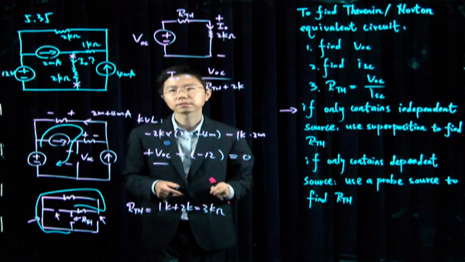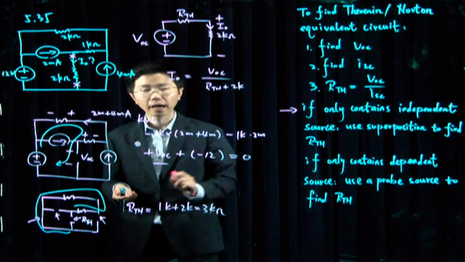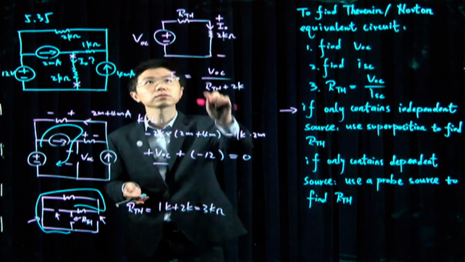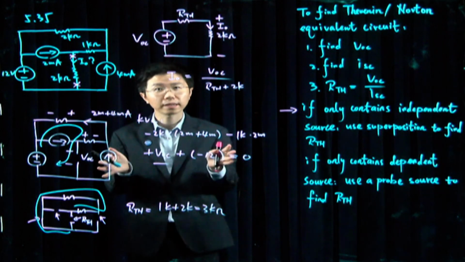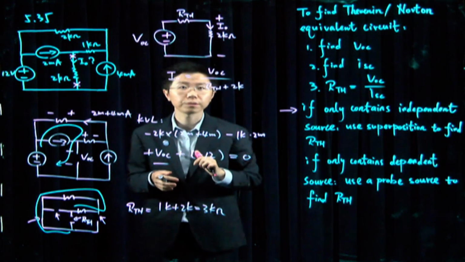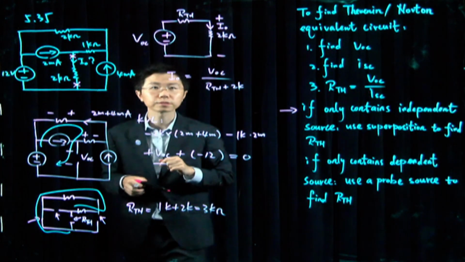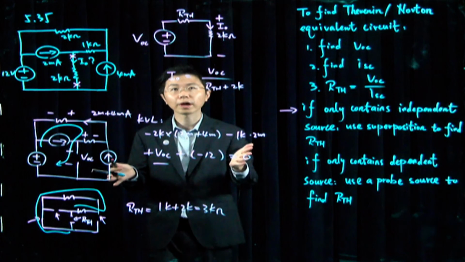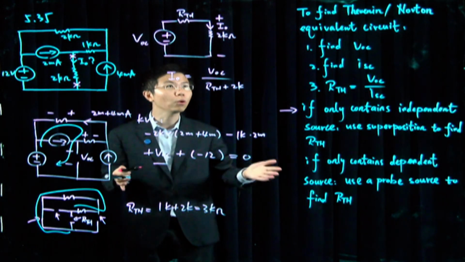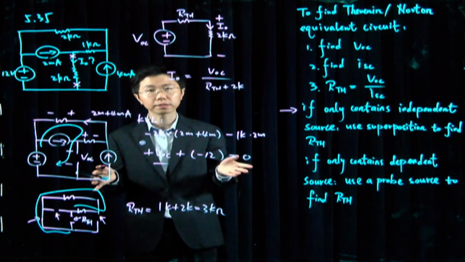Well, here, just as before, I computed my VOC. And with this shortcut, I got my RTH. I'm ready to solve what will be the current across this 2K resistor, which is the one of interest. So there you have it. You can always apply this general 3 steps to find your Thevenin equivalent circuit.